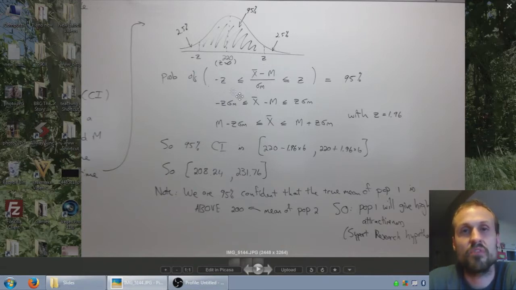Now if I simplify this a little bit by multiplying throughout by sigma m, I'll get this inequality, and this is really two inequalities in one, just written down like this for convenience. I have the one inequality here giving me one side, that on the left, and the other inequality here for the other side of the interval.